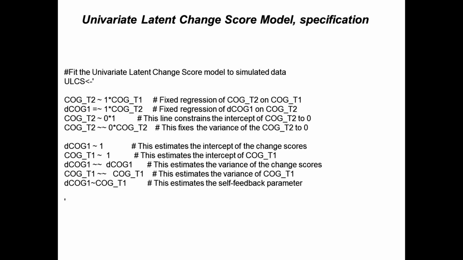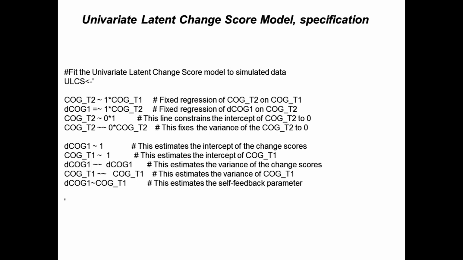Because if you're saying cognition at time 2 is equal to cognition at time 1, then it would be plus the change, right? So that first term is kind of pushing the change from time 1 to time 2 into the error, not into the regression term.